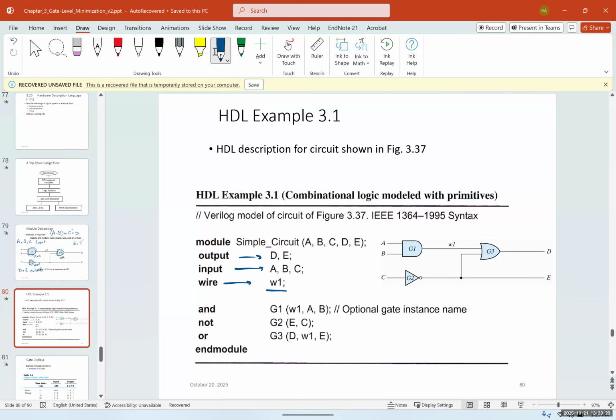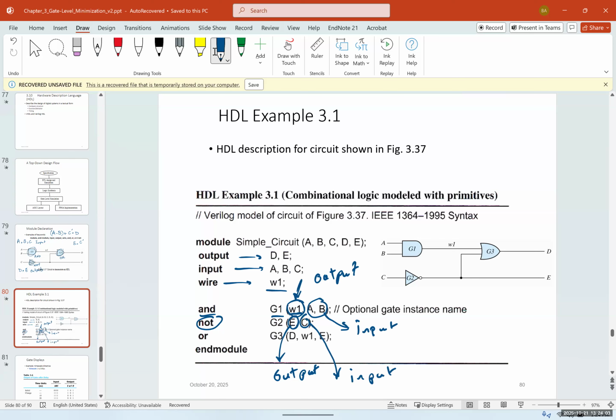Then we would define our logic gates, which are our other modules. We have the AND gate, which is G1, whose output is connected to W1. This is very important. And the inputs are A and B. And for the NOT gate, the output is E, so we will first write the output, and then we will write its inputs, okay? And therefore, G2's output is E, and C is our input.